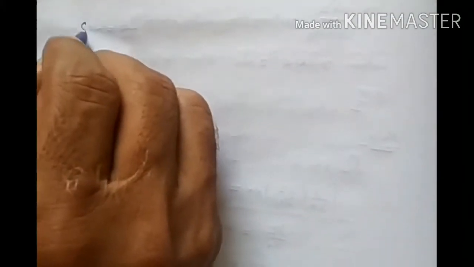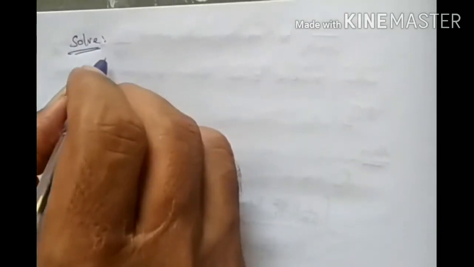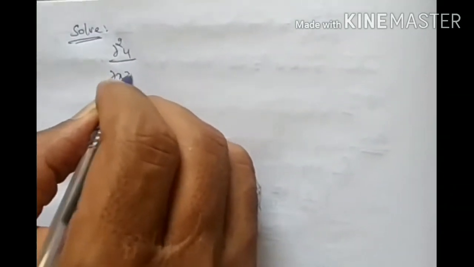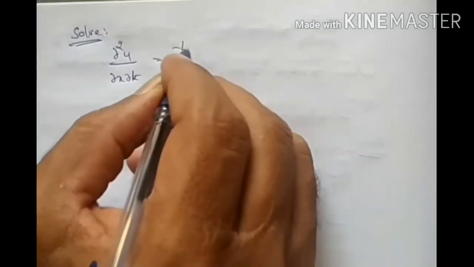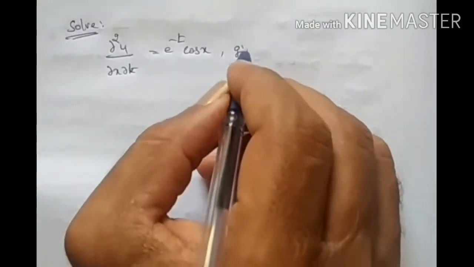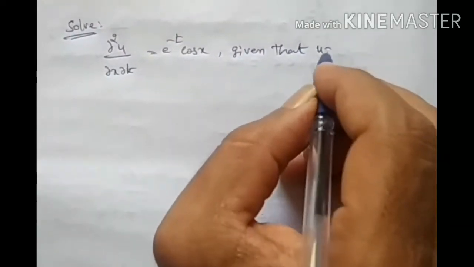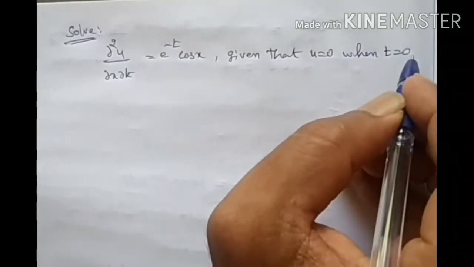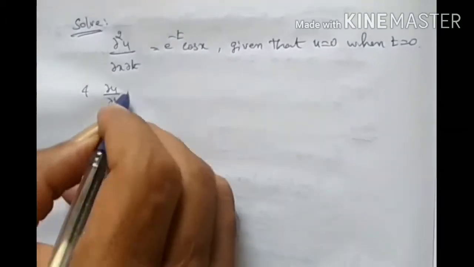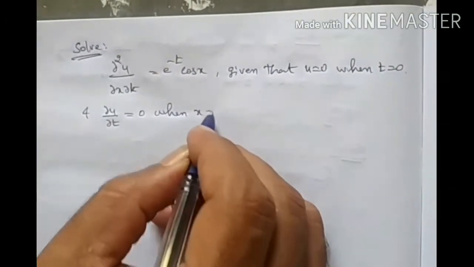Now we discuss some other problem. Let us consider: solve dou square u by dou x dou t equal to e power minus t into cos x, given that u is 0 when t is 0 and dou u by dou t is 0 when x is 0.